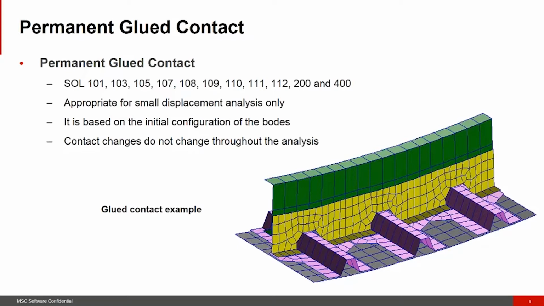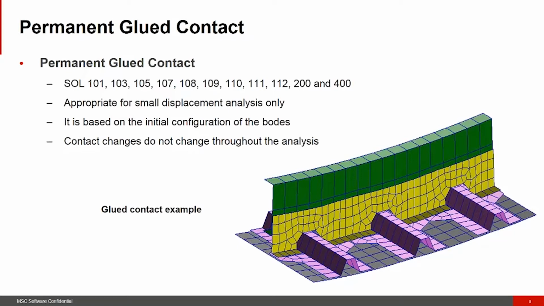And this is supported in Solution 101, 103, 105, all the dynamic solutions, the optimization solution, Solution 200, and also our nonlinear Solution 400. One thing to mention, though, this is only appropriate for small displacement analysis. So even if you're using it in a Solution 400, you have to have small displacement analysis.